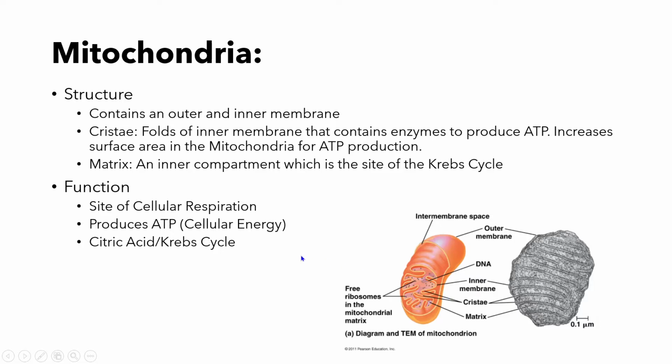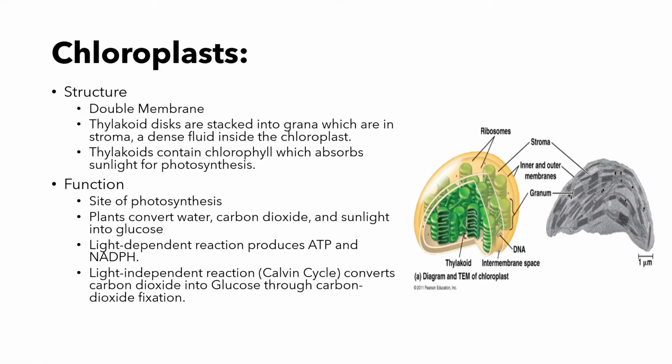The matrix is where the Krebs cycle, or the citric acid cycle, which is the actual process of creating ATP in cellular respiration, occurs, which you can see right here as this fluid between the inner membrane, or the cristae, inside the mitochondria.